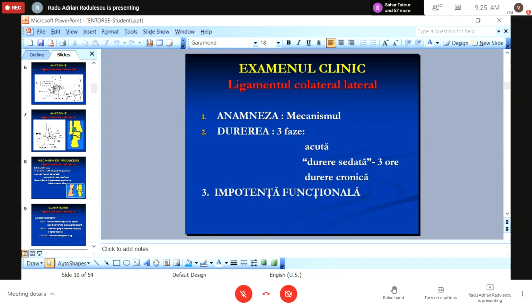And physical disability is of the same manner. Anyway, the physical disability is mainly due to the pain, because the patient will be unable to move his ankle or will be unable to bear weight on the foot. So these are the signs of physical disability, which may also be variable from patient to patient.